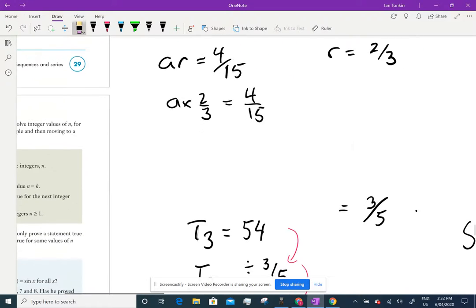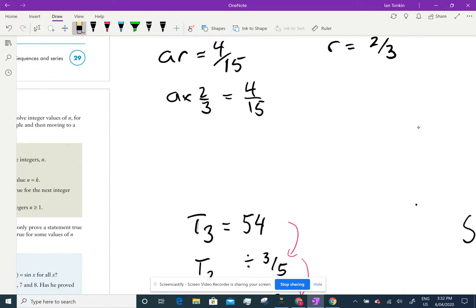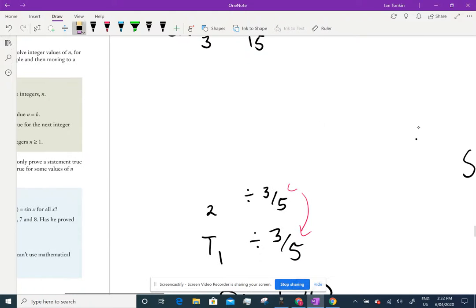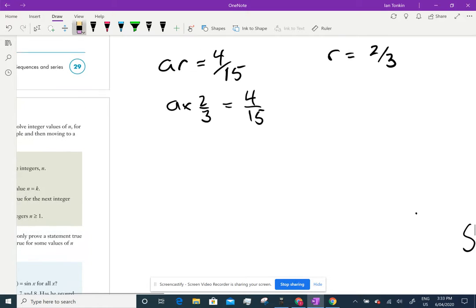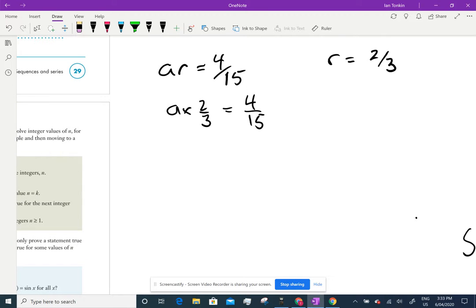So to find A, which we already knew intuitively, was to go 4 on 15 divided by 2/3, and that's exactly what we're going to do. We're going to divide by the 2 and multiply by the 3. So A equals 4 on 15 times 3 on 2, and that's going to be 2/5.